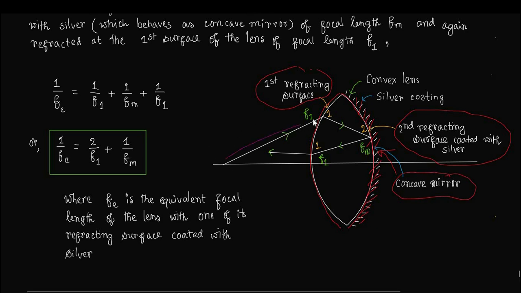This is the incident ray which is refracted at the first refracting surface, which has the focal length f1, and here f1 comes for this term. Reflection occurs from the second reflecting surface, that's why Fm comes here, and again refraction occurs through the first refracting surface. That's why we should consider this term 1 by F1.